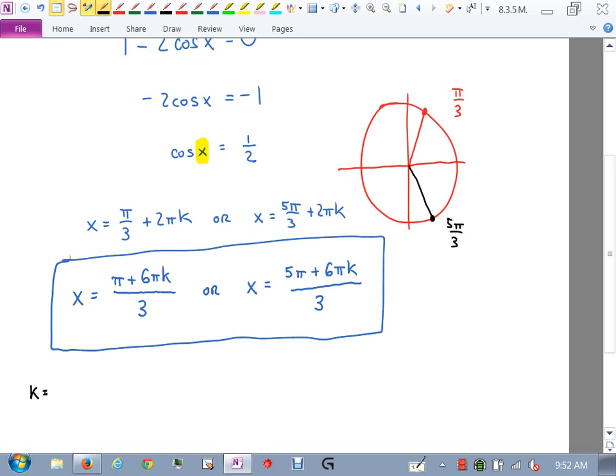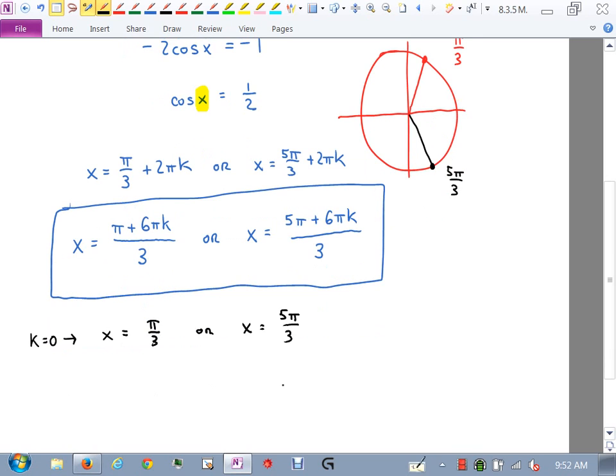If k is 0, what would x be? So let's do it in this one. K is 0, you get what? Pi over 3. What about k equals 0 in the other one? 5 pi over 3. Are those both inside 0, 2 pi? Yes. Okay, if k is equal to 1, what happens? 7 pi over 3?